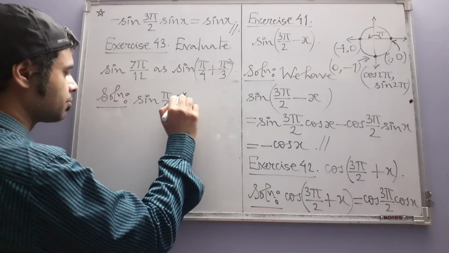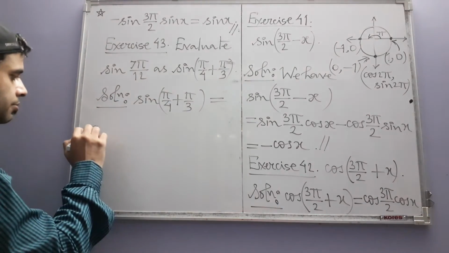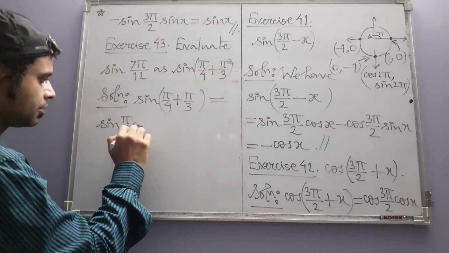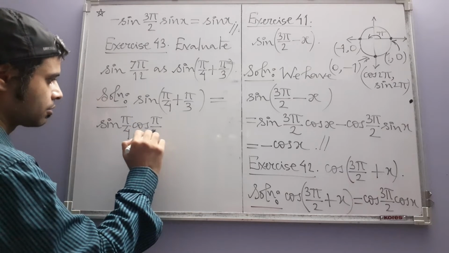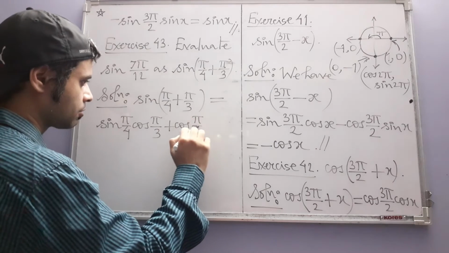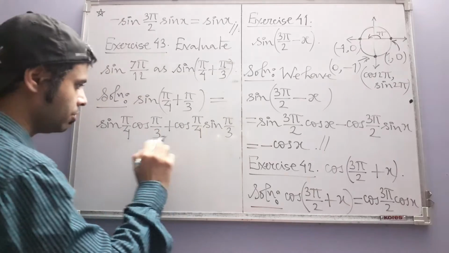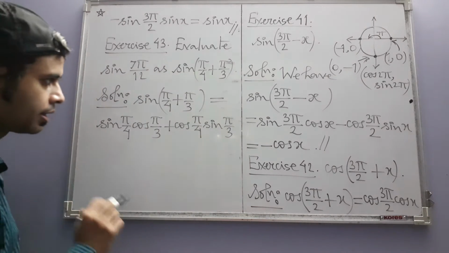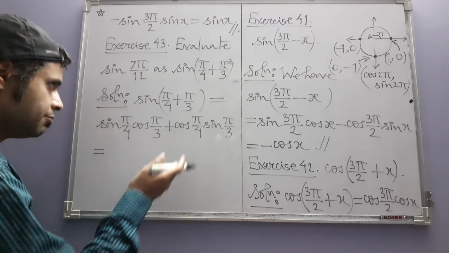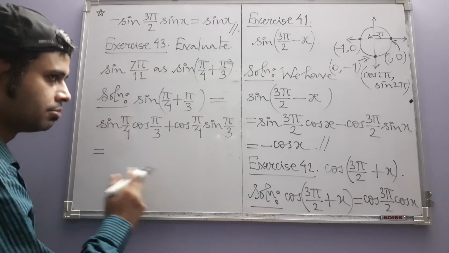Pi over 4 plus pi over 3, that equals sin pi over 4 cos pi over 3 plus cos pi over 4 sin pi over 3. Because these are actual standard angles whose trigonometric values we knew even before this general definition came, so we can just simply write them.